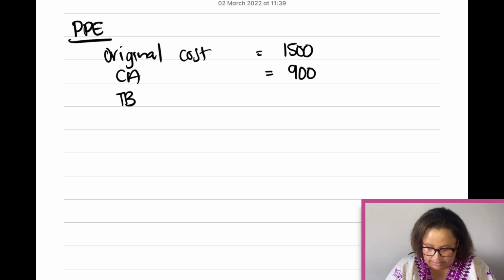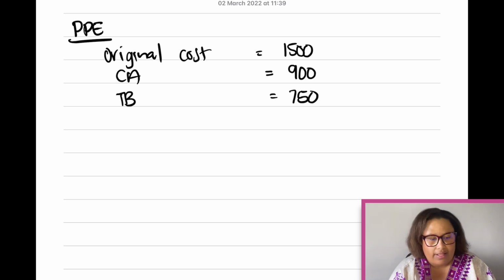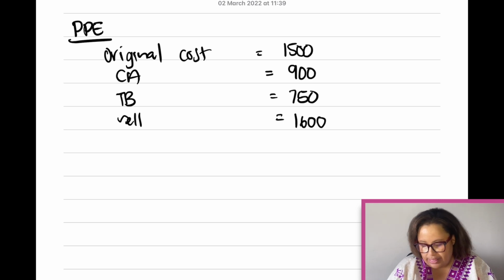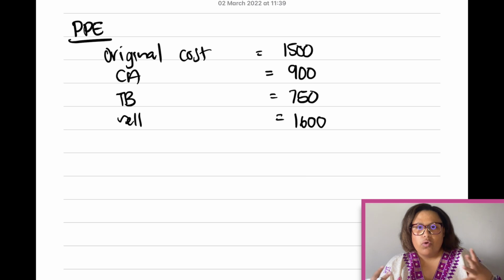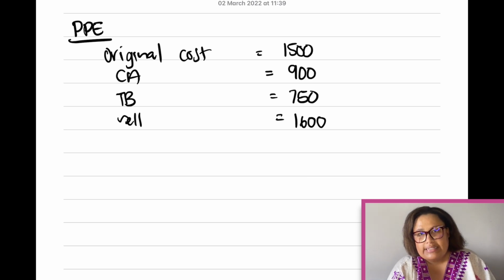Currently, the tax base of this asset is 750, and we have now decided that we're going to sell this asset for 1,600. And the question is, how is this sale going to be reflected in our financial statements?